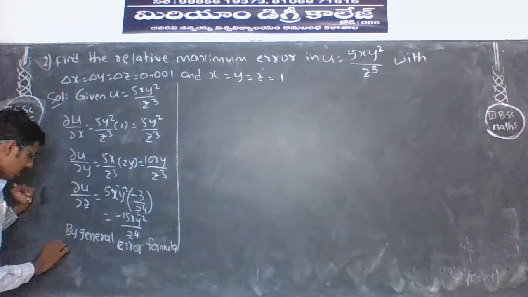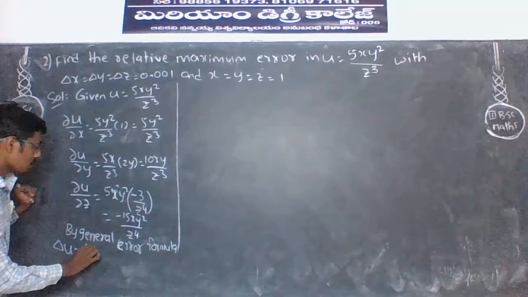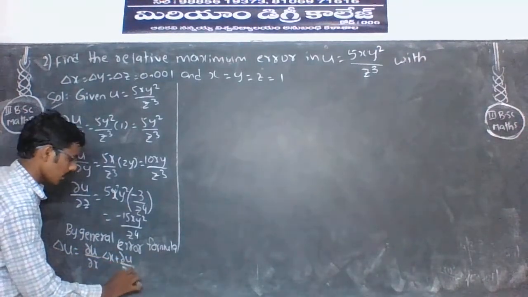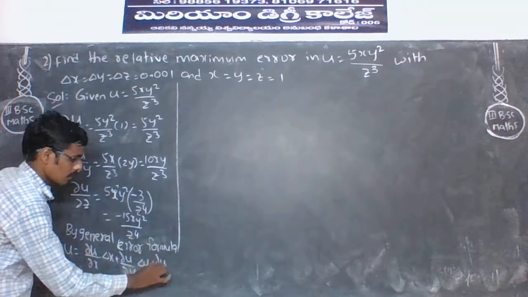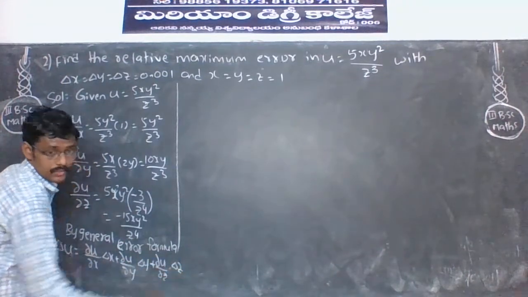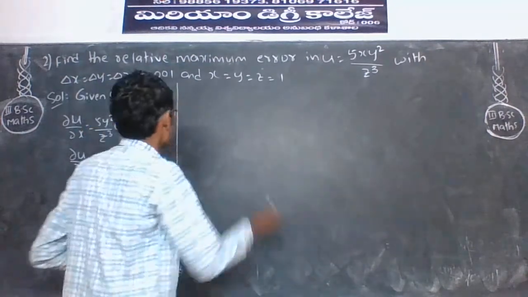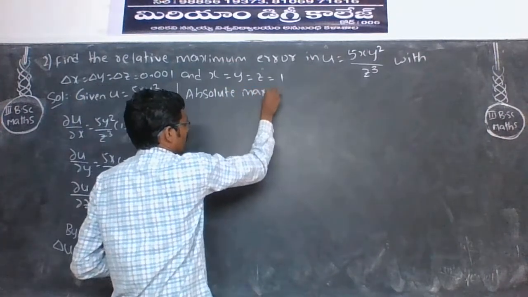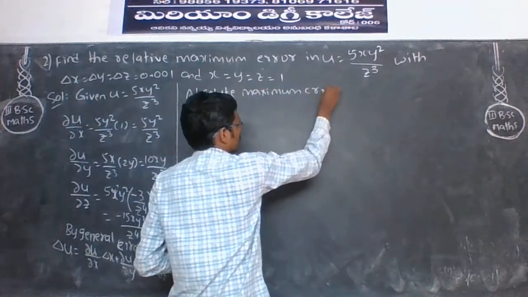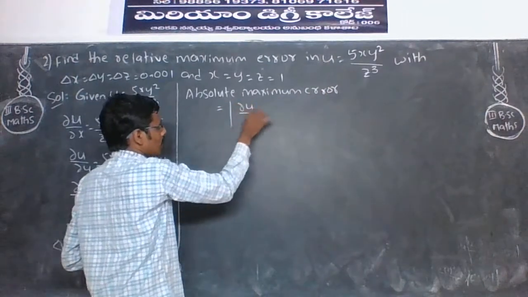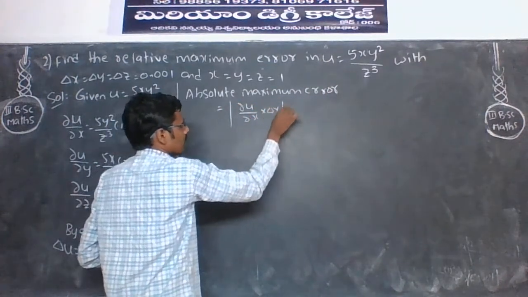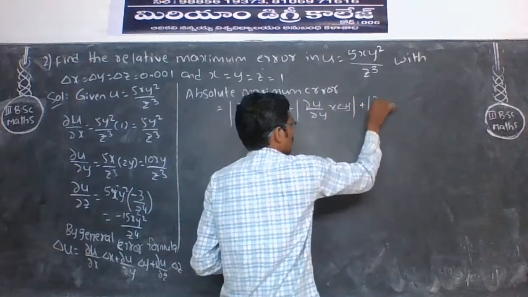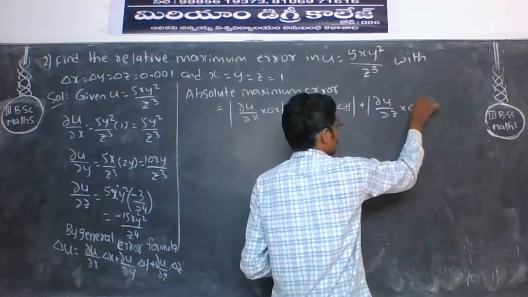By the general error formula, delta u is equal to dou u by dou x delta x plus dou u by dou y delta y plus dou u by dou z delta z. Absolute maximum error is equal to modulus of dou u by dou x into delta x plus dou u by dou y into delta y plus dou u by dou z into delta z.